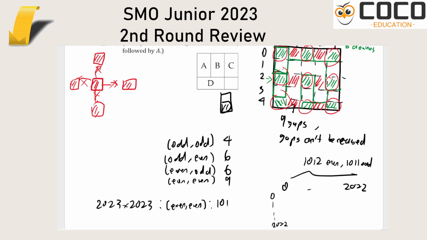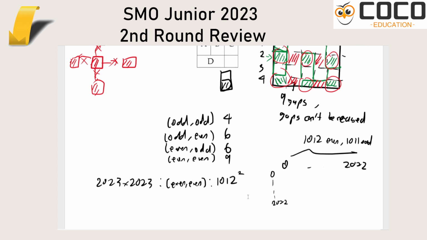So you get 1012 squared for the even, even. And for your odd, even or even, odd, you only get 1011 times 1012, which is inferior. And for the odd, odd, you just get 1011 squared.